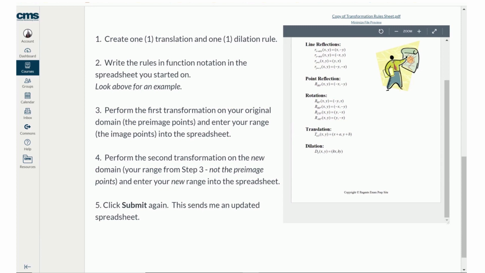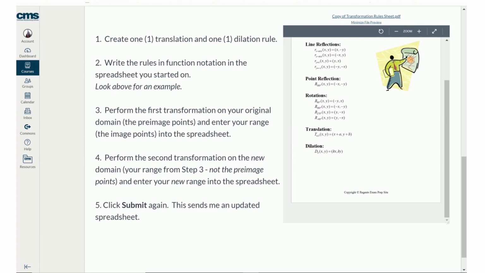Then next, we're going to perform the transformation, whichever one we decide to do first, whether it's translation or dilation. And then we're going to perform the second transformation, which would be the one that we didn't do the first time. And then we're going to click submit, which sends me an updated spreadsheet. And it also updates the one that you have in your Google Drive. All right, so here we go.